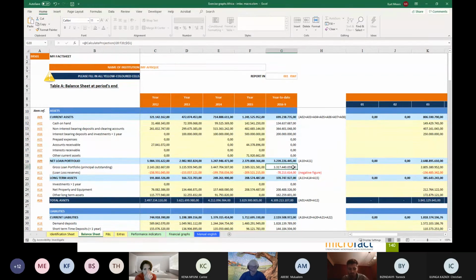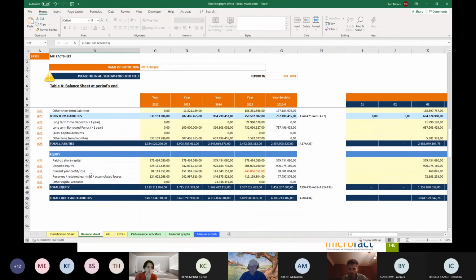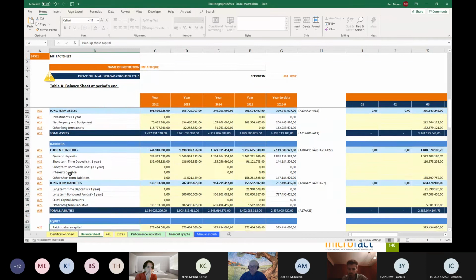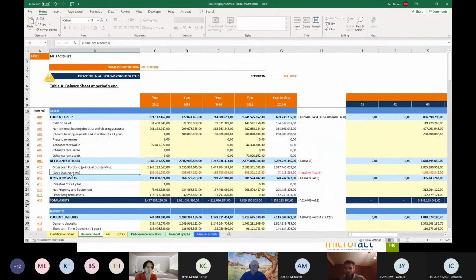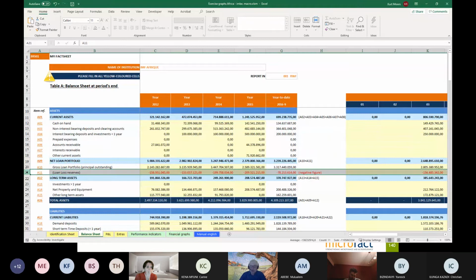The loan loss reserves, the small barrel, is also part of your balance sheet. And normally loan loss reserves are actually part of the equity. But because this loan loss reserves are so closely related to your gross loan portfolio, it's always shown, not only in this fact sheet but in all the financial statements, as a negative asset.